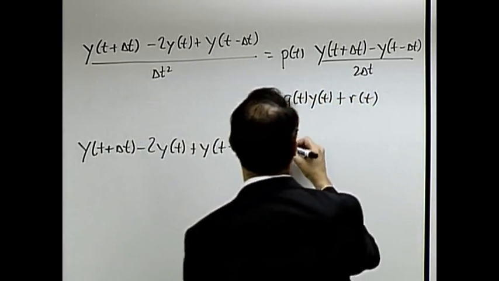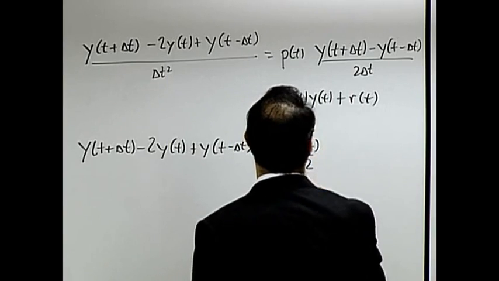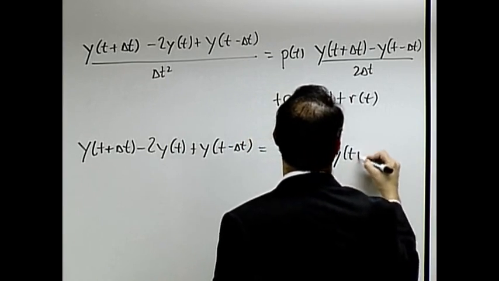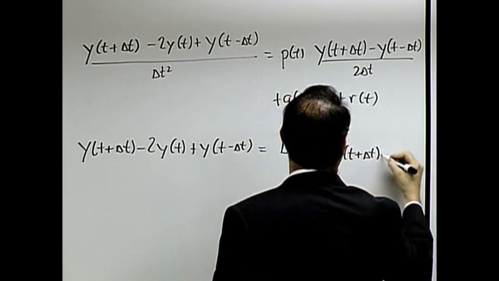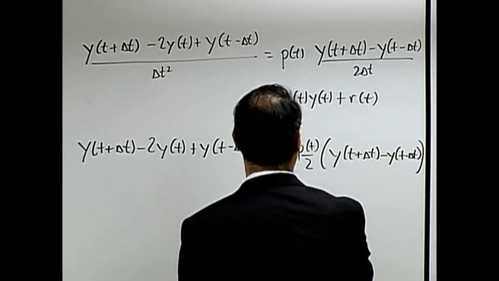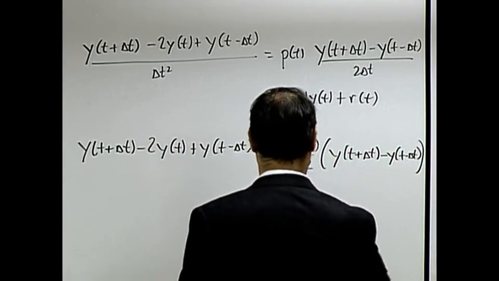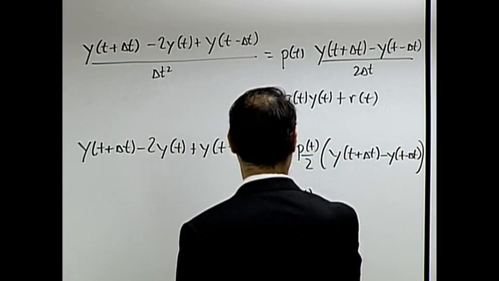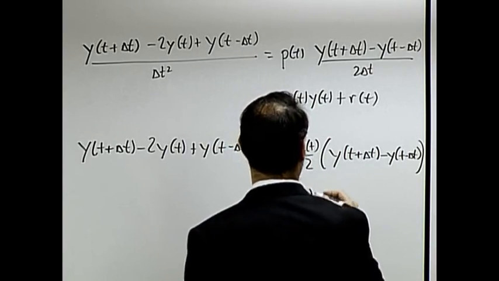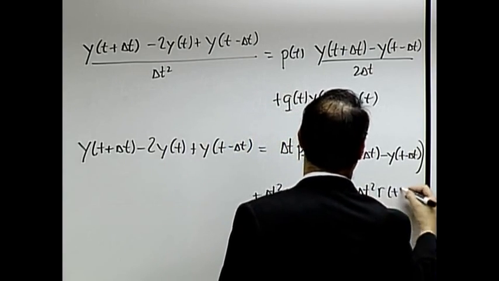So then I have delta t, p of t over 2, times y of t plus delta t minus y of t minus delta t, plus q of t. Actually, there's the delta t squared on this one: delta t squared q of t y of t, plus delta t squared r of t.